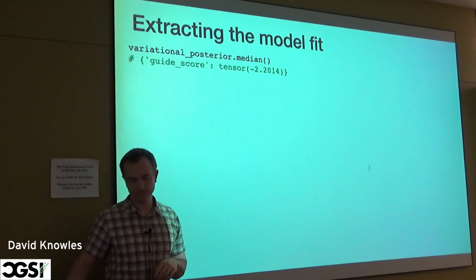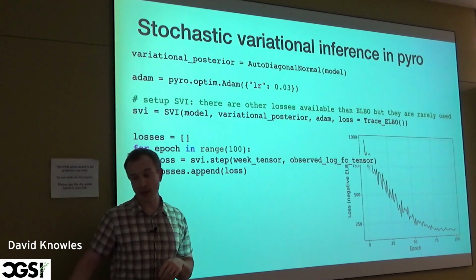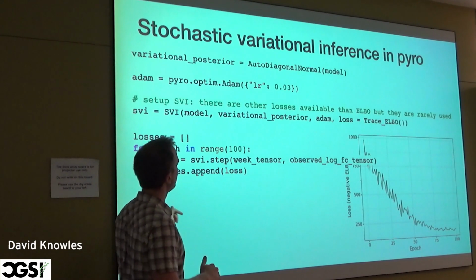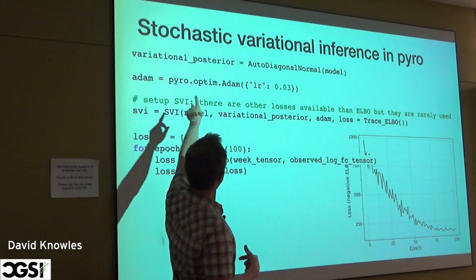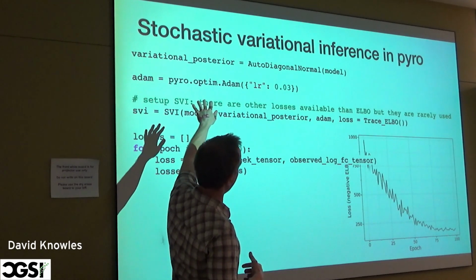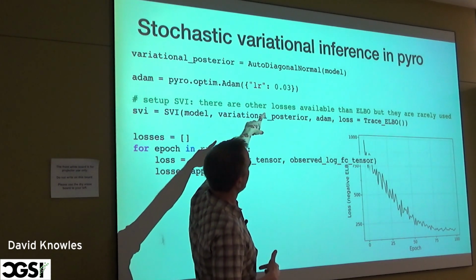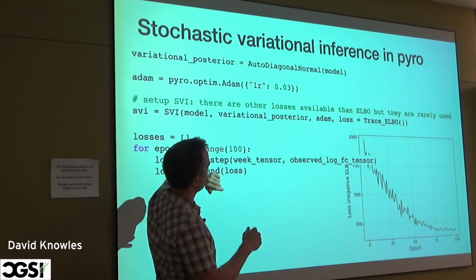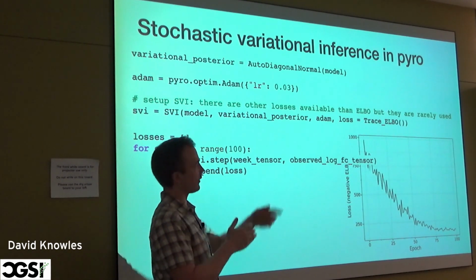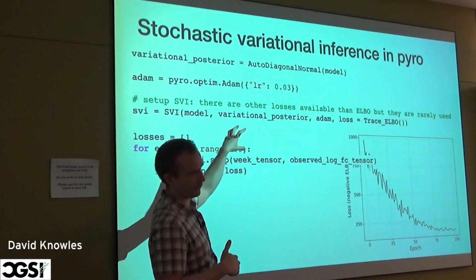Yeah, please. What is the parameter that you're trying to infer? Yeah, so it's a little bit hidden away right now, but our approximate posterior is a diagonal normal. So in this variational posterior object, there is a mean and a covariance of that normal.